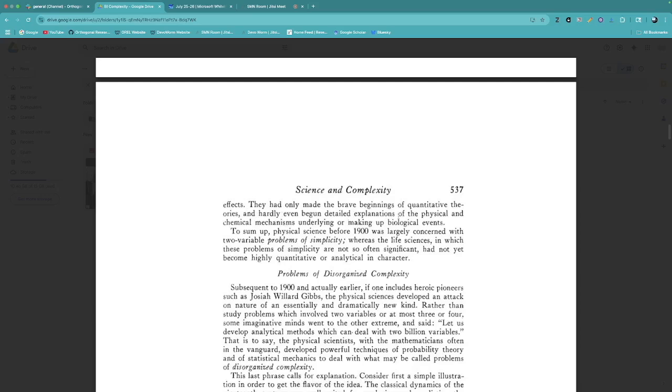So, in physics, of course, he's not talking about quantum physics here so much, or other types of nonlinear physics, but he is talking about basic physics and how the causality comes more easily in these kinds of systems as opposed to in biology and medicine.